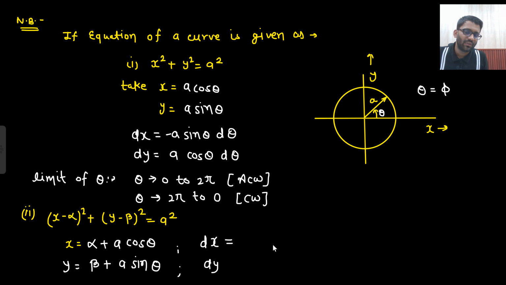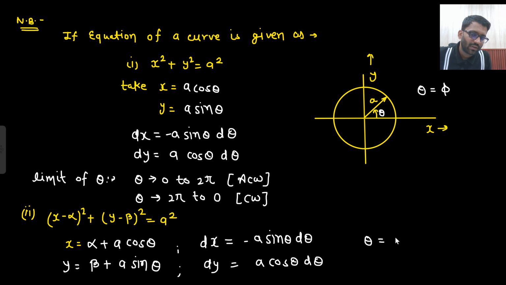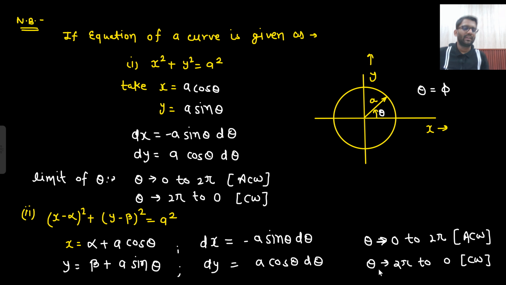Alpha is a constant value. So dx will be minus a sin theta d theta. And what will be your dy? A cos theta d theta. Right? And for the limit of theta, again the same limit will be there: 0 to 2 pi if I am going anti-clockwise, and theta will be 2 pi to 0 if you are going clockwise. Well and good.